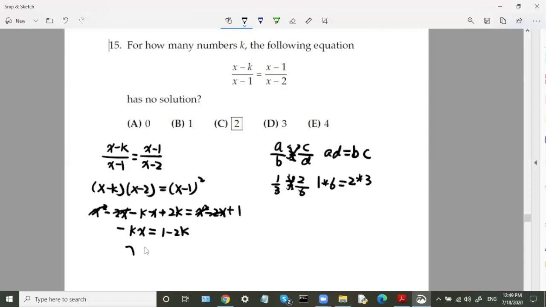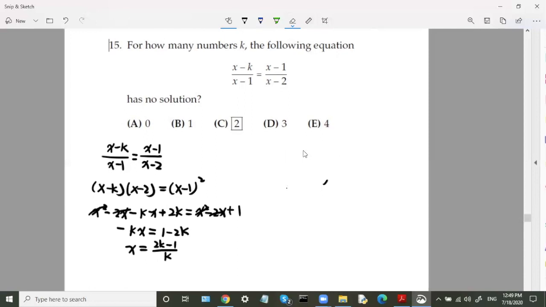So x equals (2k − 1)/k. Okay, so we solved x in terms of k. So next step, we need to find out for what value of k x has no solution.